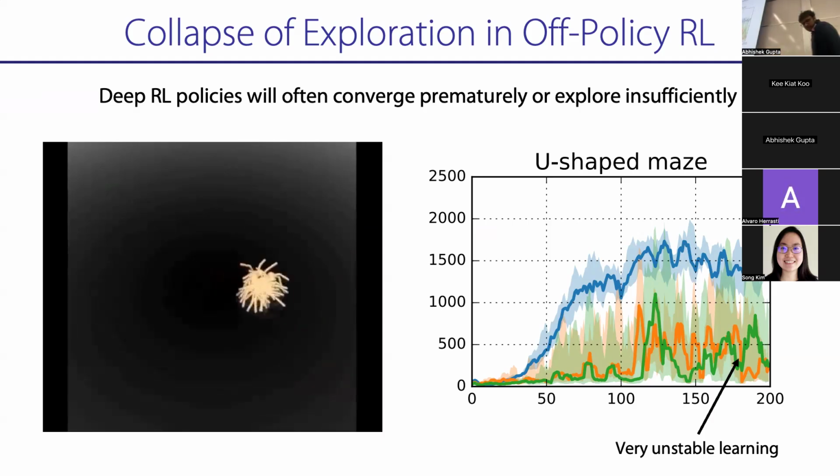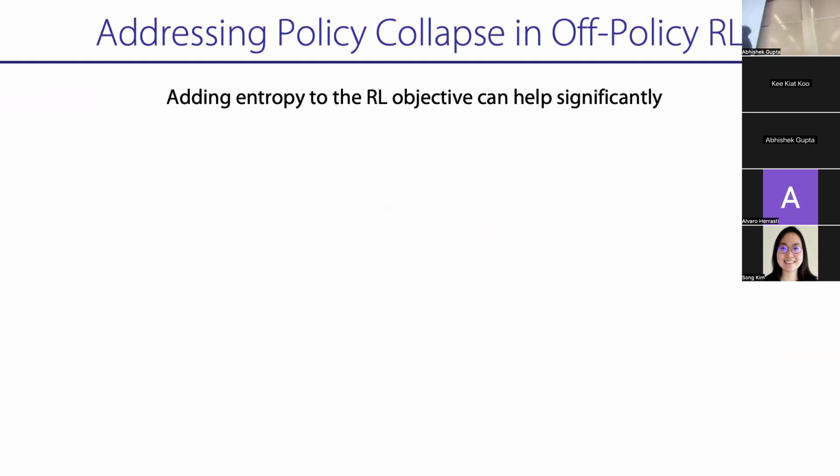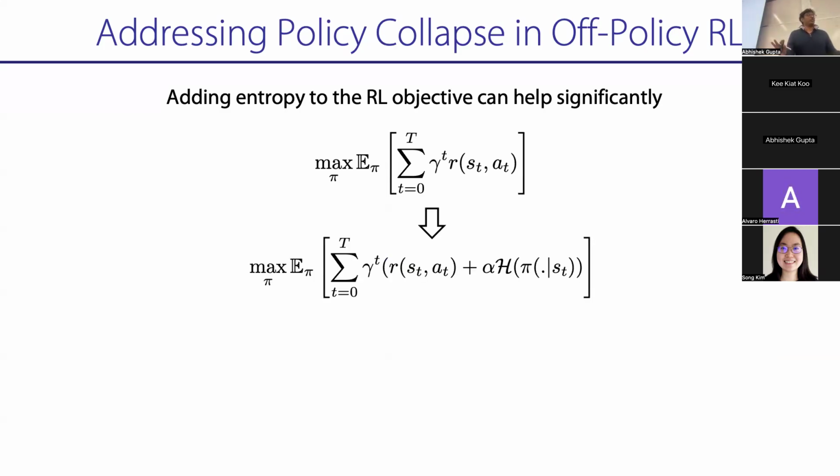So a new class of methods came out maybe 10 years ago, called maximum entropy RL methods, like soft Q learning and soft actor critic. The idea behind all of them is to take your normal discounted sum of rewards objective and just add entropy to it. That's it.